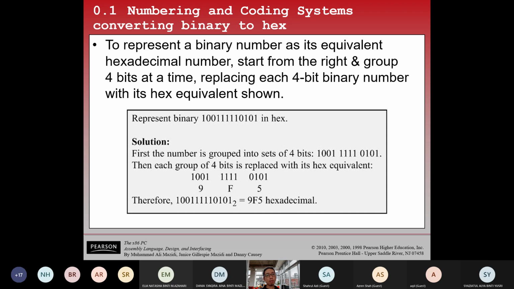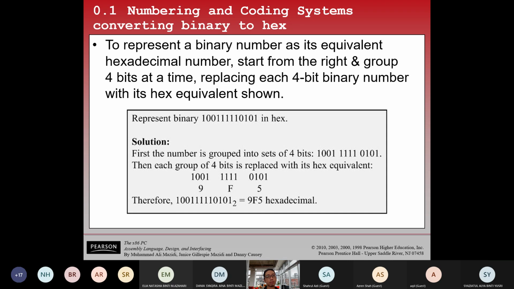This is 2 to the 2, 2 to the 1, 2 to the 0. 2 to the 2 is 4, plus 1, 4 plus 1 is 5. And then you have F because it is all 1s. Of course it is F because this is 2 to the 3, 2 to the 2, 2 to the 1, 2 to the 0. So you have 8, 4, 2, and 1.